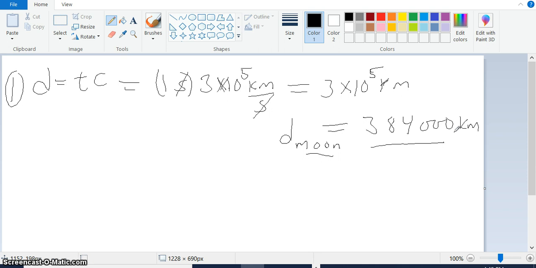So if I move the decimal place 1, 2, 3, 4, 5 places to the left, that means I can rewrite this as 3.84 times 10 to the 5th kilometers. Now you can see that 3 times 10 to the 5th and 3.84 times 10 to the 5th are pretty close. They're not exactly the same, of course.